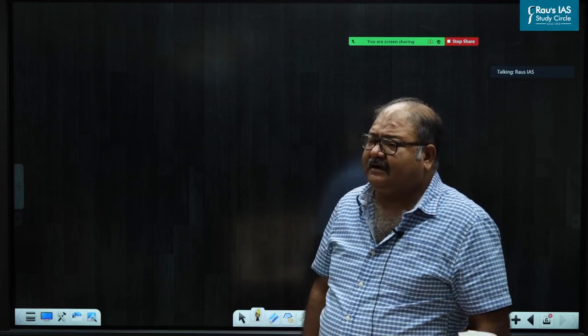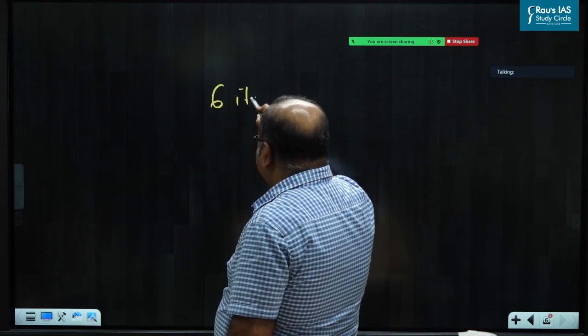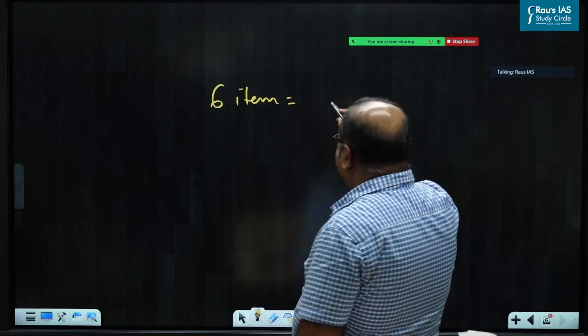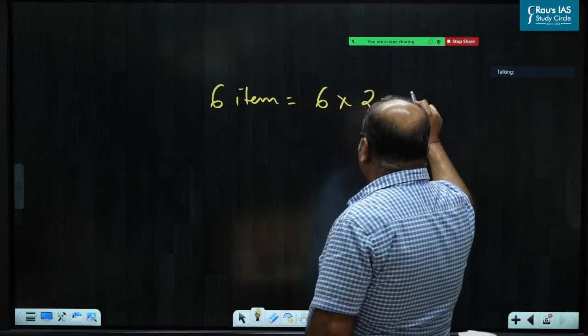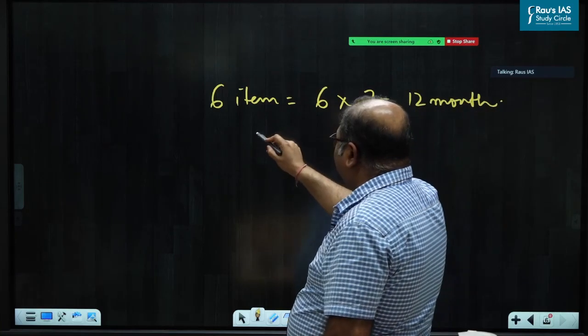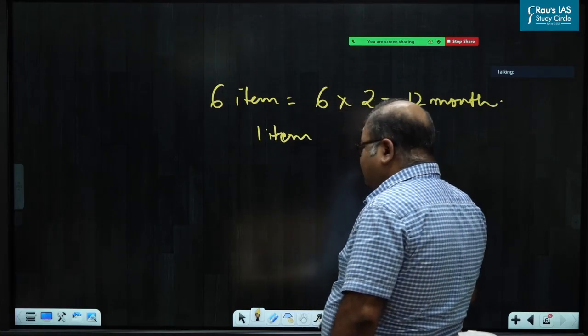Each test comprised of 6 items, and for solving each item correctly, two months of mental age was earned.